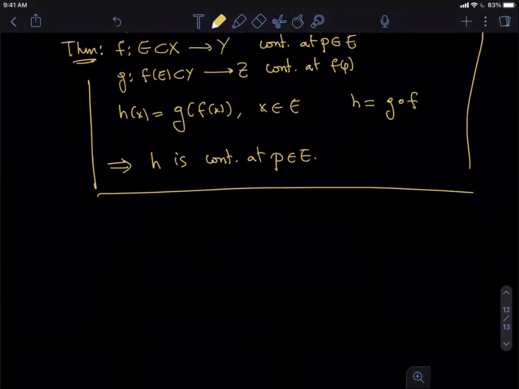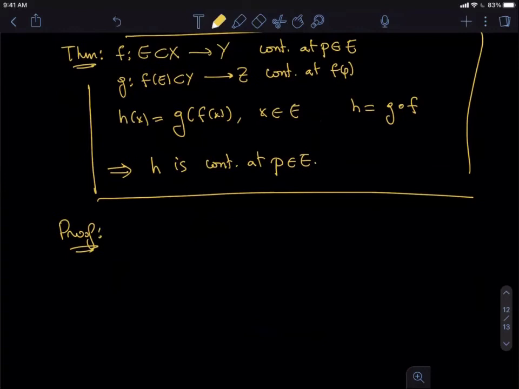For the proof, here we are going to have to apply the definition twice. So we want to show that h is continuous at p in E. So the first thing we need to do is fix epsilon bigger than 0 given.